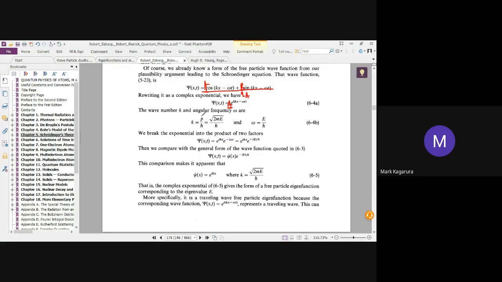Now, we are going to be representing momentum by, you had a half mv squared. No? E is equal to a half mv squared, right?